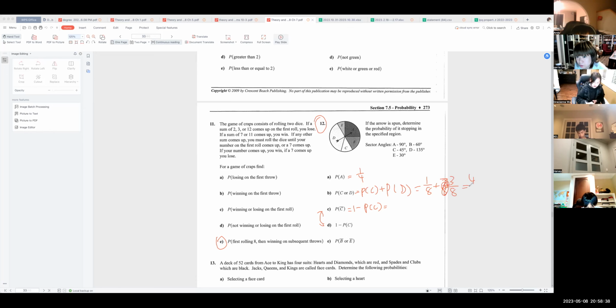So it's 4/8, which is 1/2. So PC 一撇就是 the probability of not C,那就是1减去1/8 equals 7/8. And this one is also 7/8.